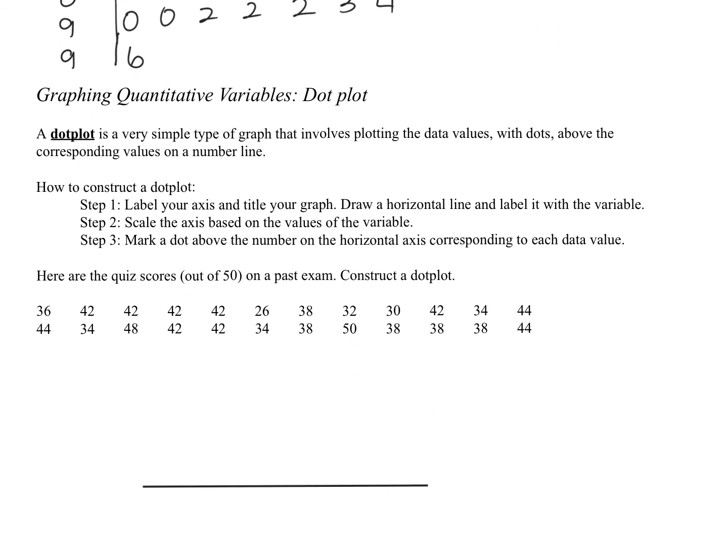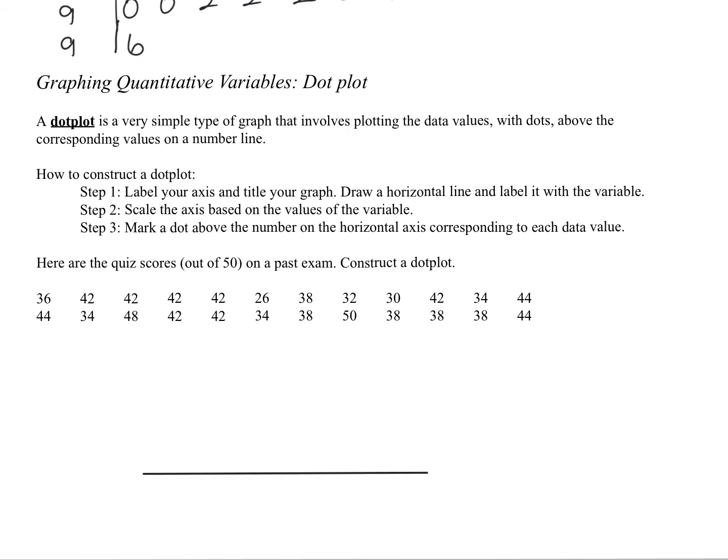Next, we have a dot plot, which is one of my favorites because it's very easy and very straightforward. You plot the data values with dots above a corresponding value on a number line. When you're constructing a dot plot, you only need to label your x-axis, and typically the x-axis is the title of the graph. So if those match, you don't need to double name it.